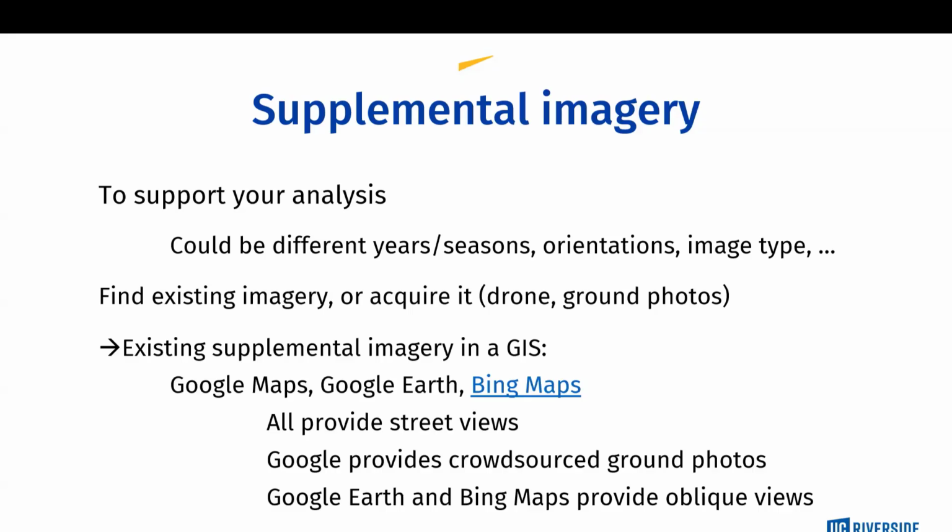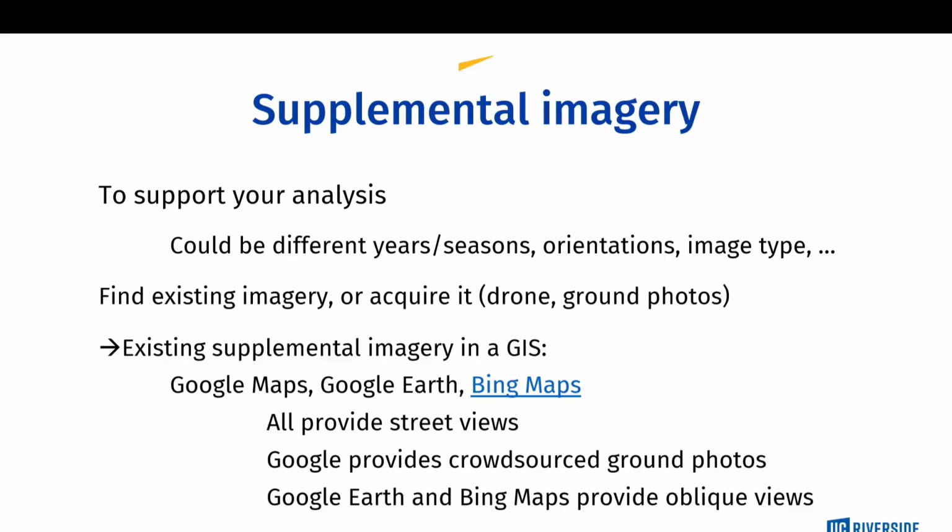The Google products also provide crowdsourced ground photos, and these could be from a street, but they could also be somebody who's out in the backcountry on a hike taking photos. And maybe you're not going to be able to see what that looks like from a ground view any other way, except somebody else has been there and taken photos of it.